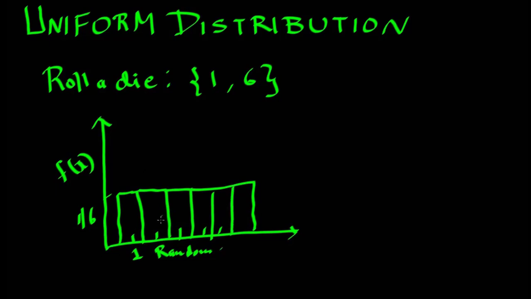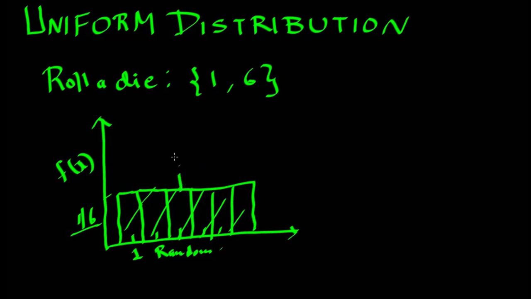So this kind of distribution where each outcome has the same probability of occurrence is known as the uniform distribution. This graph comes out to be a fairly rectangular graph, and it's a symmetric graph, so the mean and median will be the same for this graph.